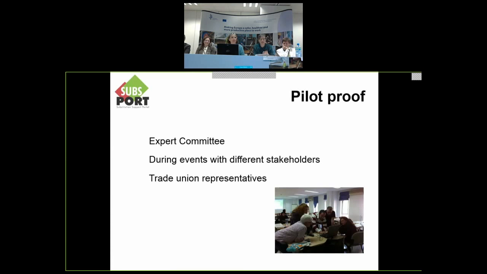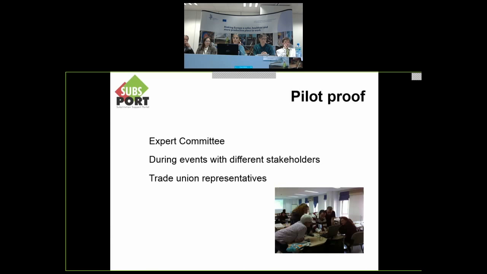As for the pilot proofs, we had an expert committee with very different stakeholders who were there since the first steps. Of course, we were piloting with the partners. Before we launched it, we did pilot proofs with trade union representatives, and this was also very useful for user friendliness, especially for non-experts.